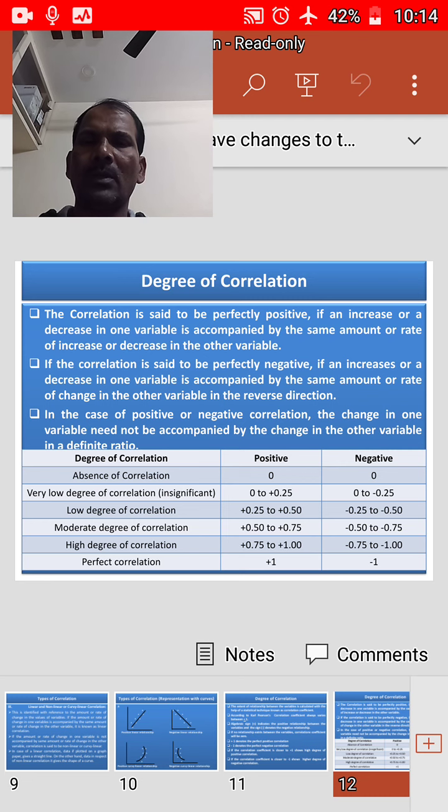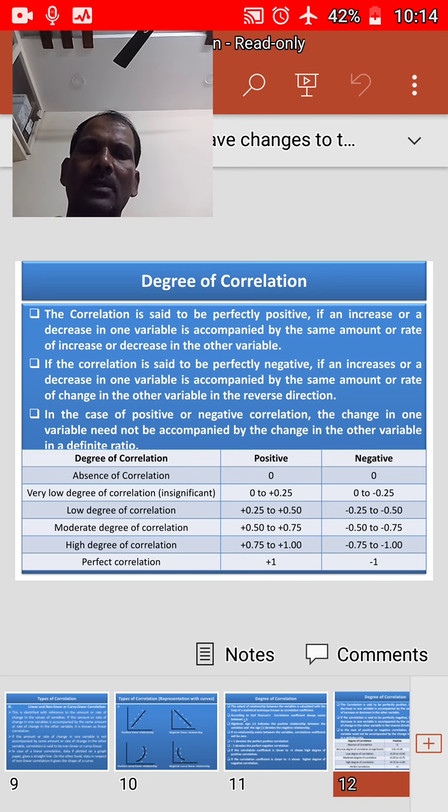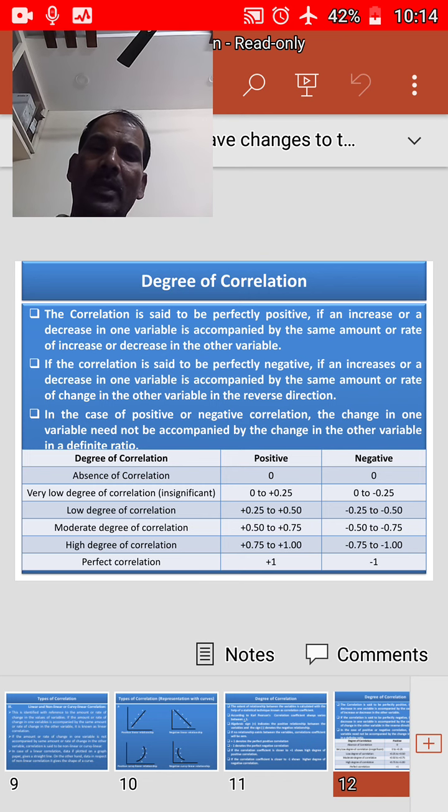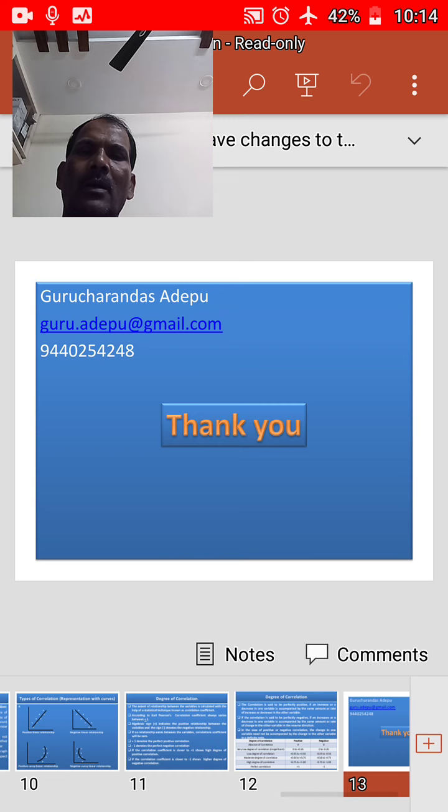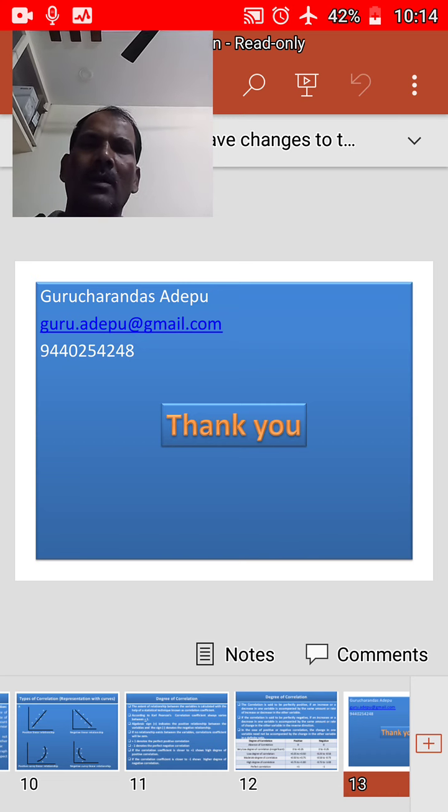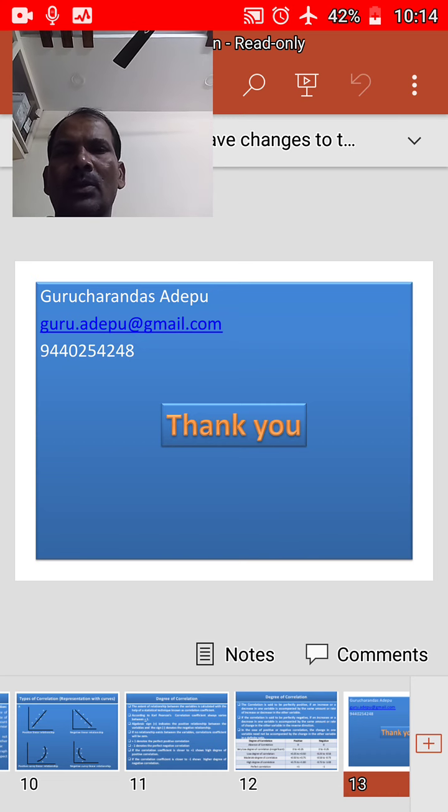If it is plus 1, you can say that there is a perfect positive correlation. If it is minus 1, you say that the correlation among the variables is perfectly negative, right? With this, we have concluded the correlation topic, and thank you.